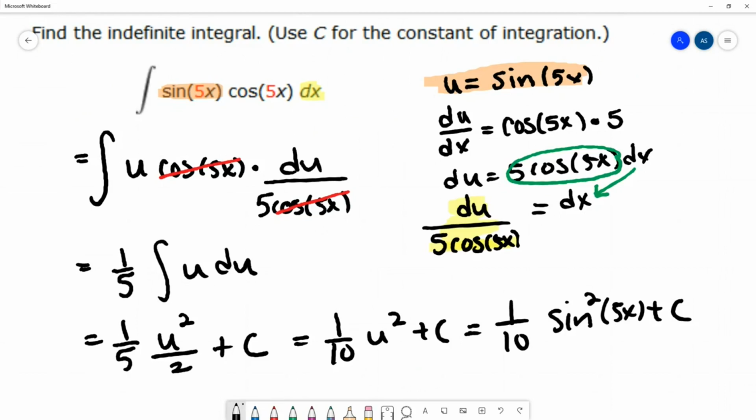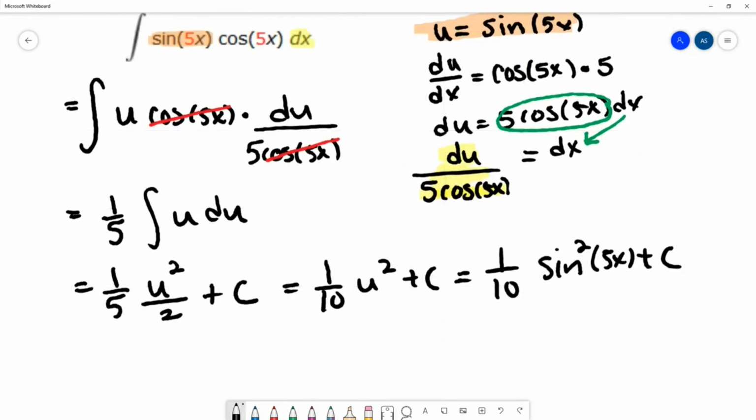Now you can see that this is a different answer than we got before. The previous time we did this with the different substitution, we got negative 1/10 cosine squared of 5x plus c. So clearly these answers are different.